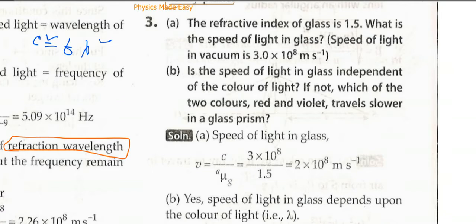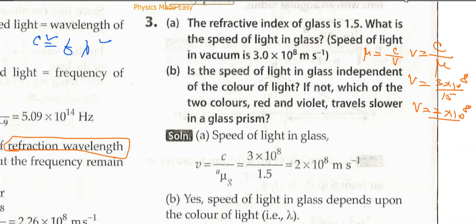In fact, we have this formula: mu is equal to C by V, or V is equal to C by mu. Now C is 3 into 10 raised to power 8, mu is 1.5. So V is 2 into 10 raised to power 8 meter per second.